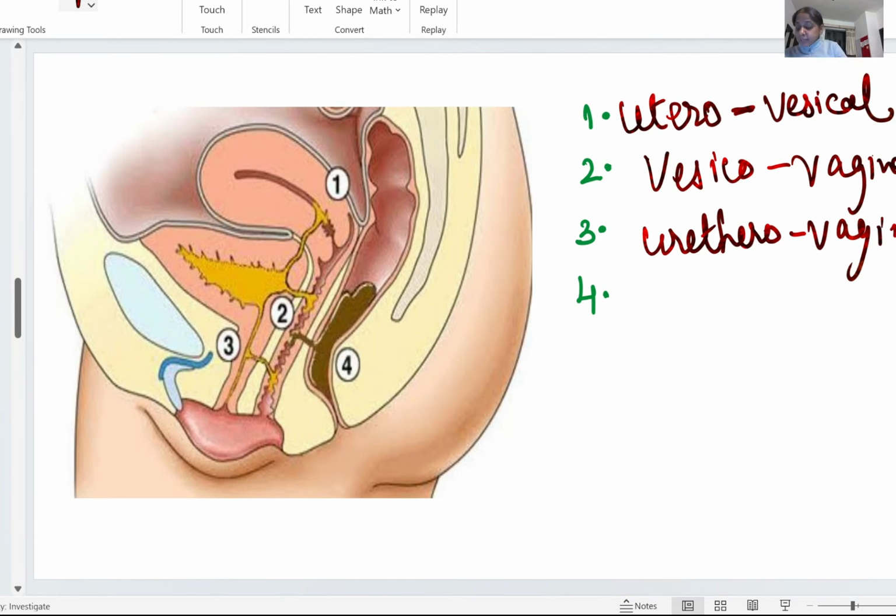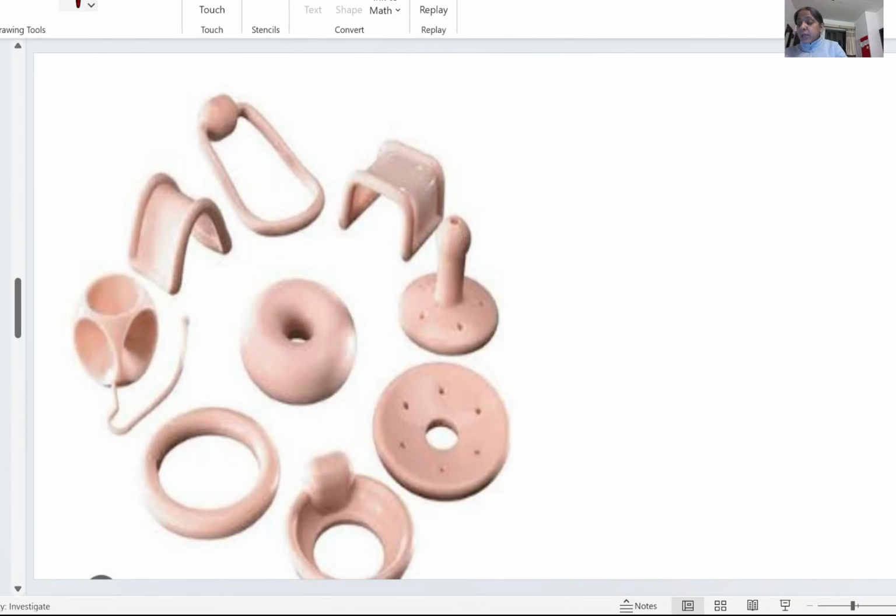Number 4 is rectovaginal. You just have to see which two tracts are communicating, and you can write it down.